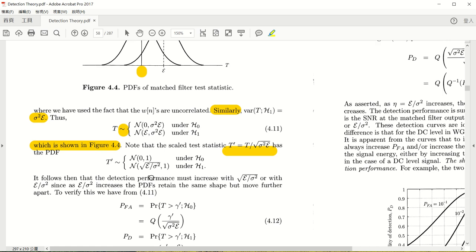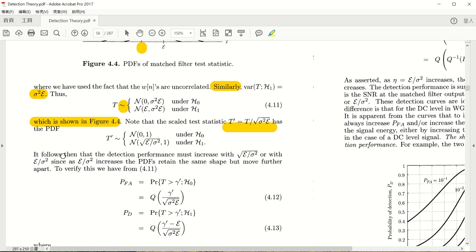That is the new mean. So it follows that the detection performance must increase with this, since epsilon divided by sigma square is the mean, right?